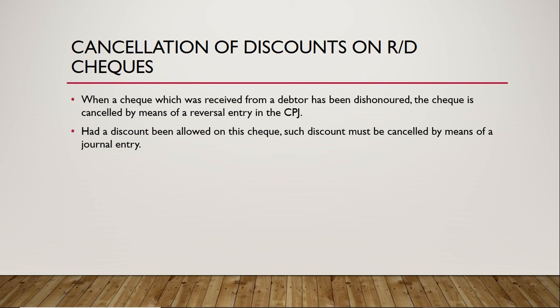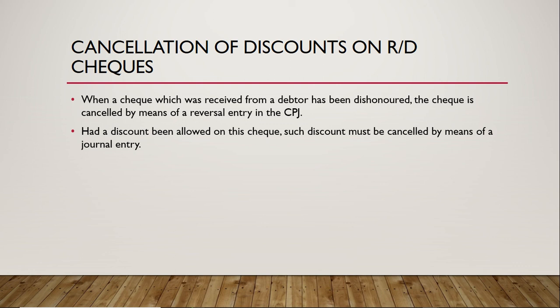When a debtor's check has been dishonored, this transaction must be cancelled in the CPJ. But in the CPJ, guys, we will not have a column for discount allowed. So in the CPJ, we will only record 3,000 Rand, which is the money that we actually thought we were going to receive from the debtor.